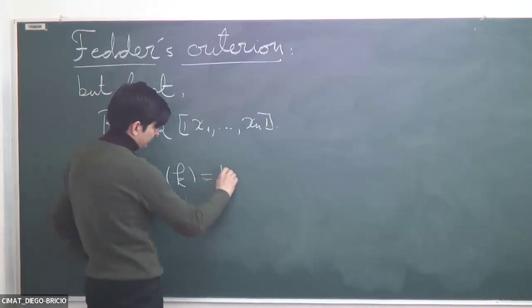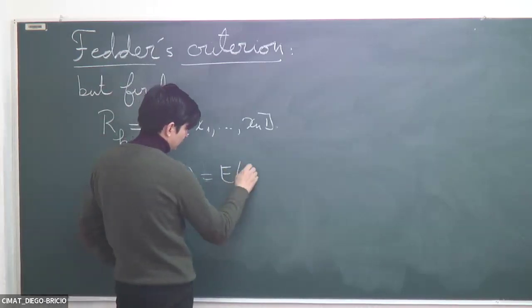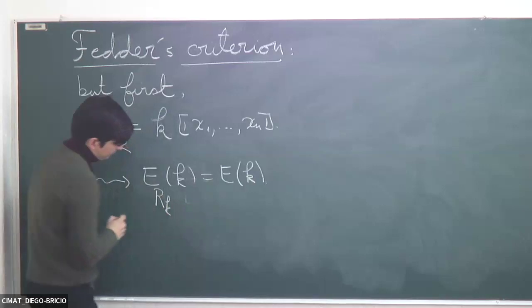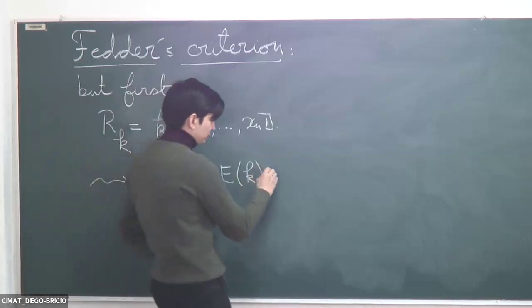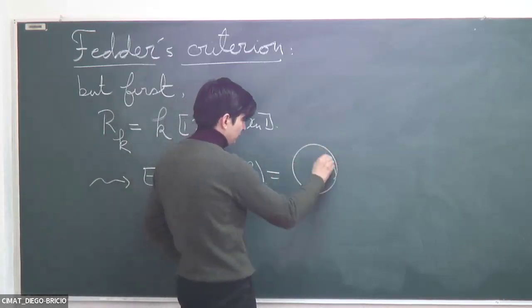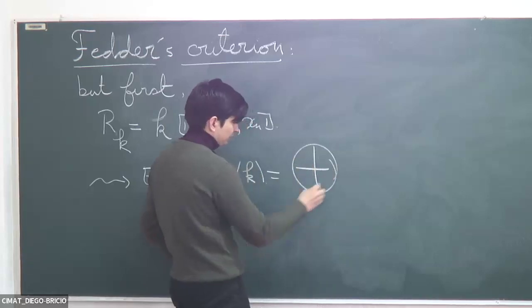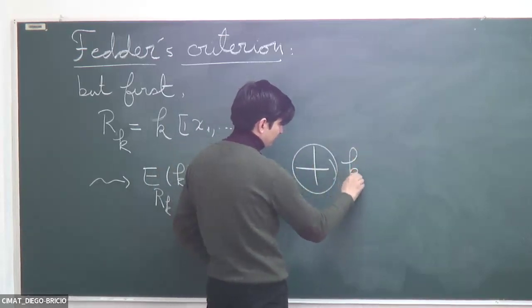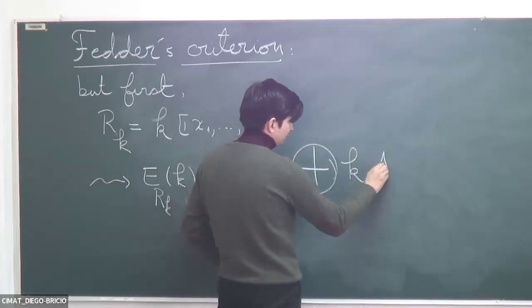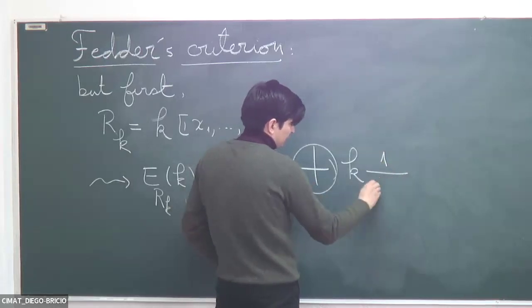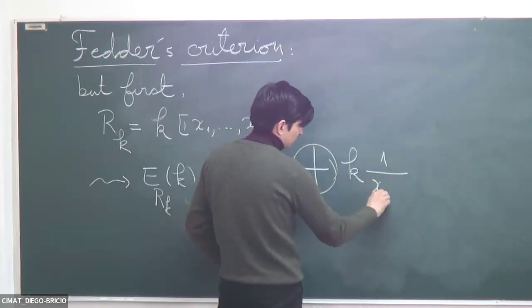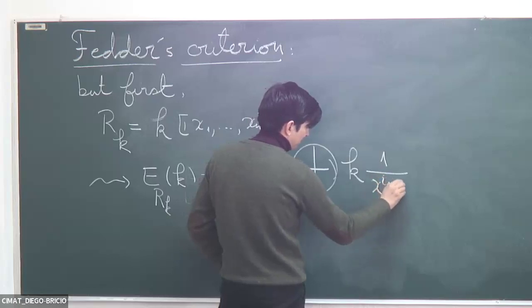Let's call this simply E_K. You can be super explicit about it. It's going to be a direct sum as a K vector space of certain negative monomials.